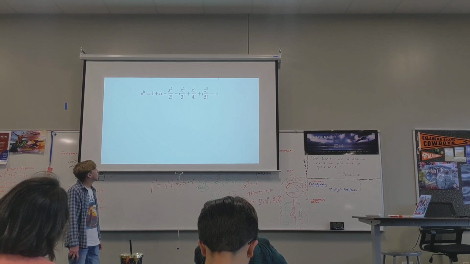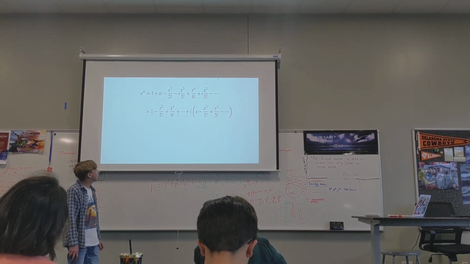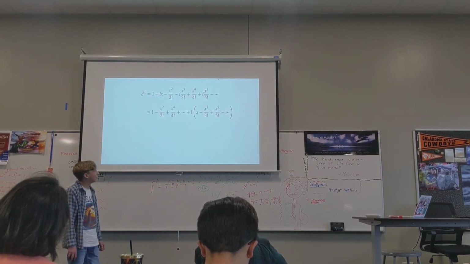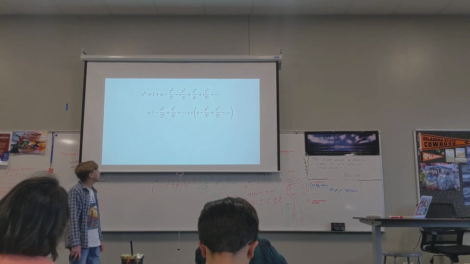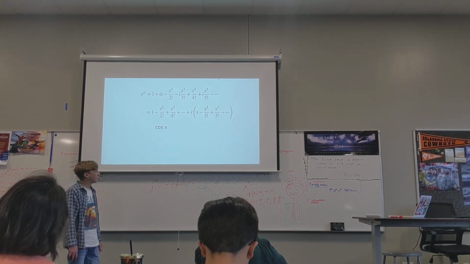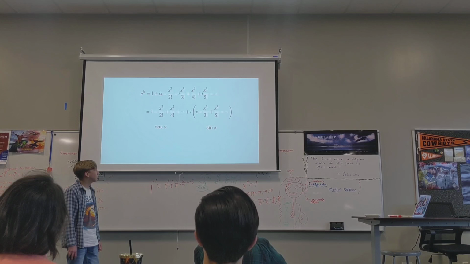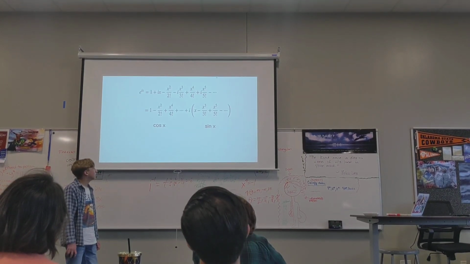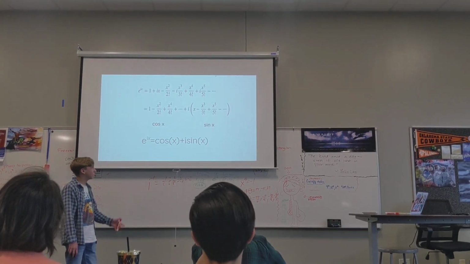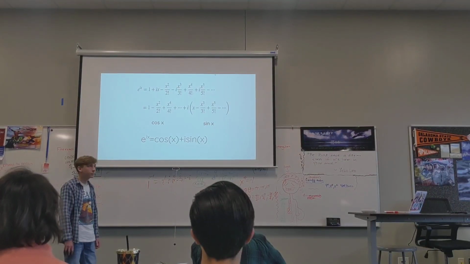And so we can rewrite this by separating all the evens and odds and factoring out i from the odd numbers. And all the even numbers happen to be equal to the cosine of x, and the odd numbers equal to the sine of x.